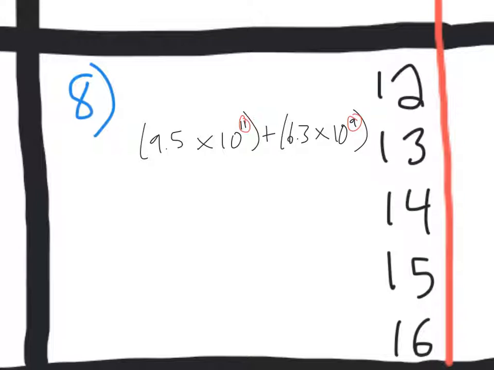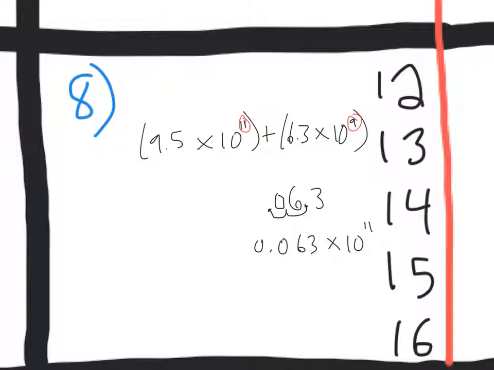So we need to make this exponent right here become 11. The way that I can do that is I can manipulate this decimal point right here by moving it to the left 2 times. Boom. That's 0.063 times 10 to the 11th place, since we moved it 2 times to the left.